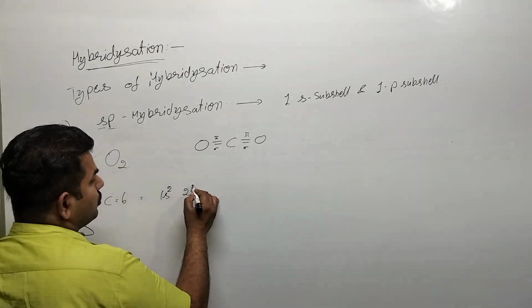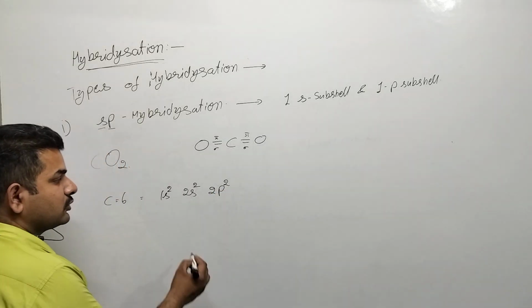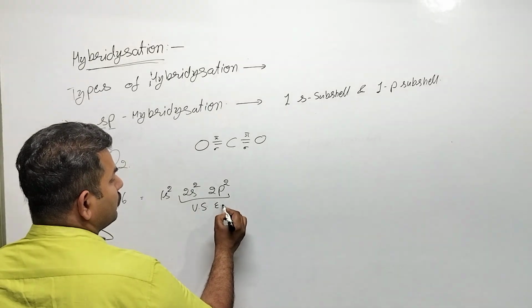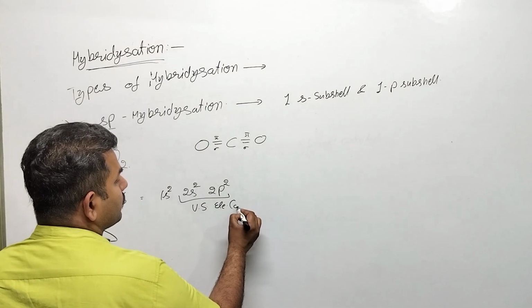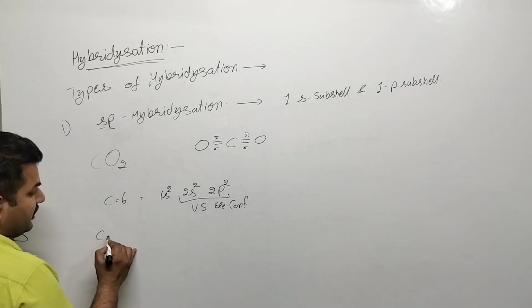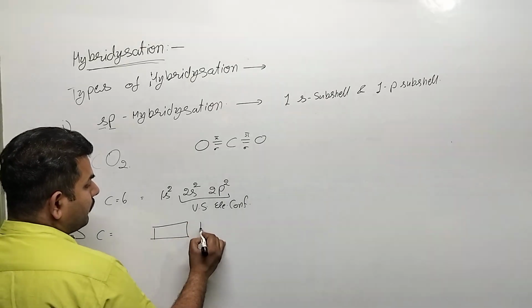So in carbon, the electron configuration is 1s2, 2s2, 2p2. This is the valence shell electronic configuration, and it will be represented in orbital form.